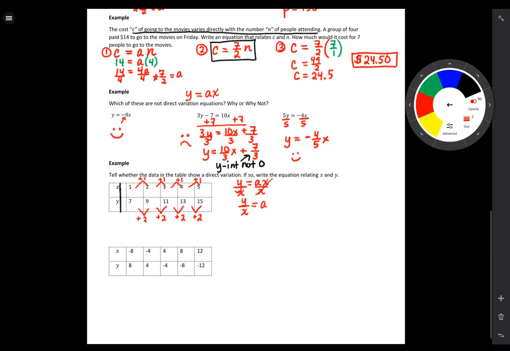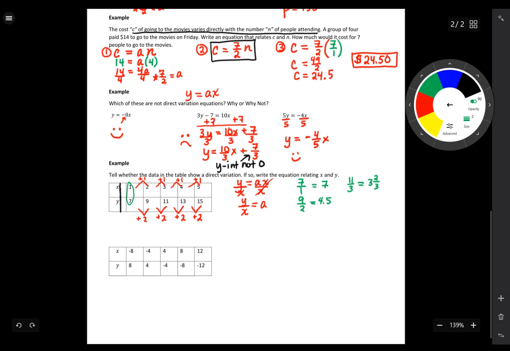So the first one would be 7 over 1, and that equals 7. The second one is 9 over 2, which is equal to 4.5. Next one, 11 over 3, which is equal to 3 2/3.